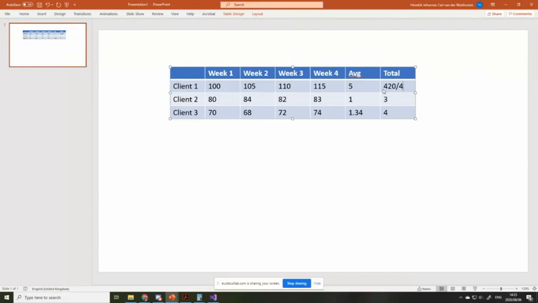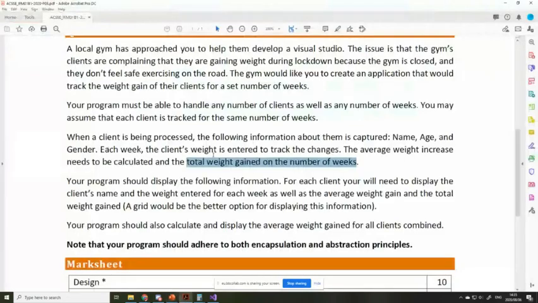If I asked you what was the average weight of the person over this time frame, then that would have been correct. But the question is, what is the total weight gained? So gained is the key phrase there, and the average weight increase, or essentially gained, during that period.